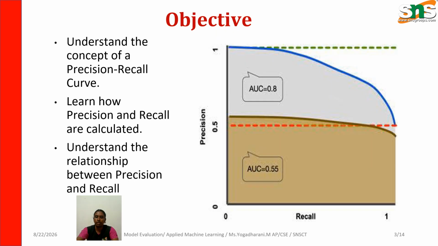So this slide recalls classification, confusion matrix, true positive, true negative, false positive, and false negative. Before starting precision and recall, let us quickly revise the confusion matrix. Classification models predict whether something belongs to a particular class. For example, suppose we are building a model to detect spam emails.